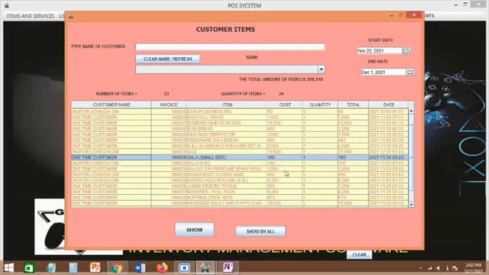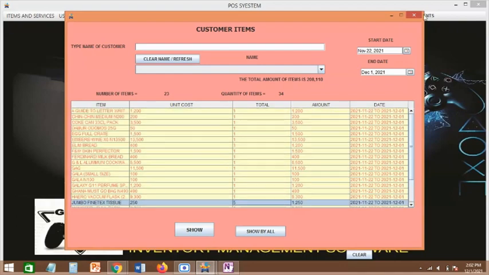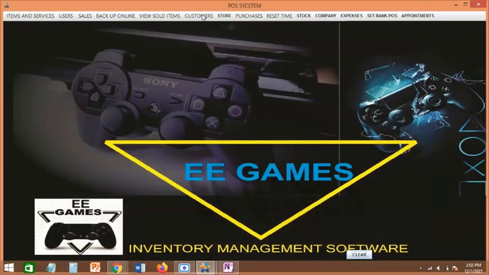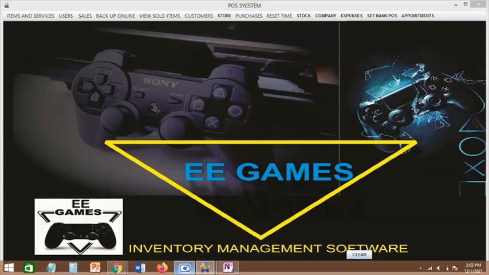One-time customer, customers that are not registered in the system. Okay, so these are the items, cost, quantity from this time to this time with the respective dates. How many items? Unit cost, total.